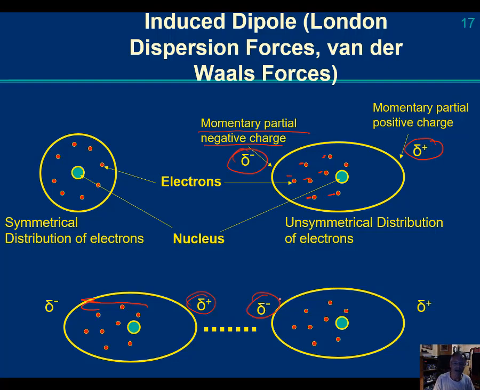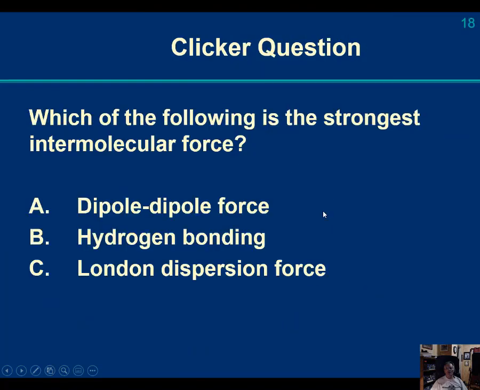As long as we can keep things slowed down enough and get these molecules close enough together, put them under some pressure, that will allow this attraction to take place, and we can have a condensed phase of matter even for substances that are completely nonpolar, very light, and have very low boiling points, like nitrogen. Keep in mind, all molecules have this induced dipole effect, but it's really only important for nonpolar molecules.